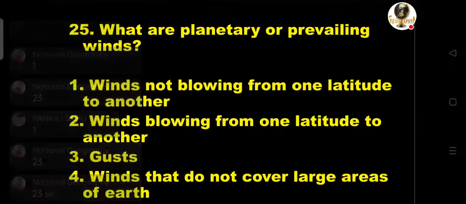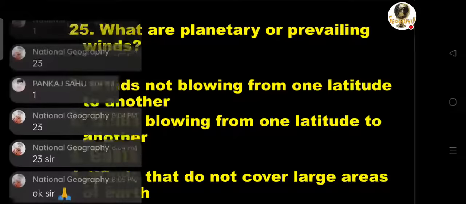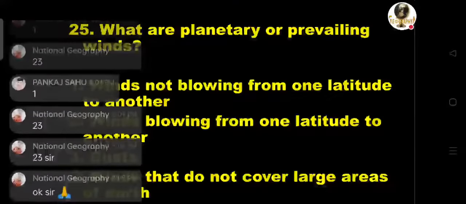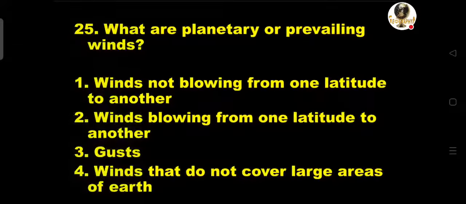The options: winds not blowing from one latitude to another, winds blowing from one latitude to another, and winds that do not cover a large area of the earth. Very interesting question, question number 25, I explain.